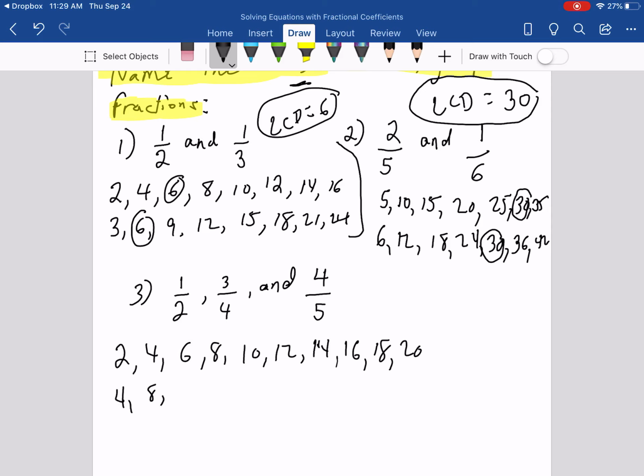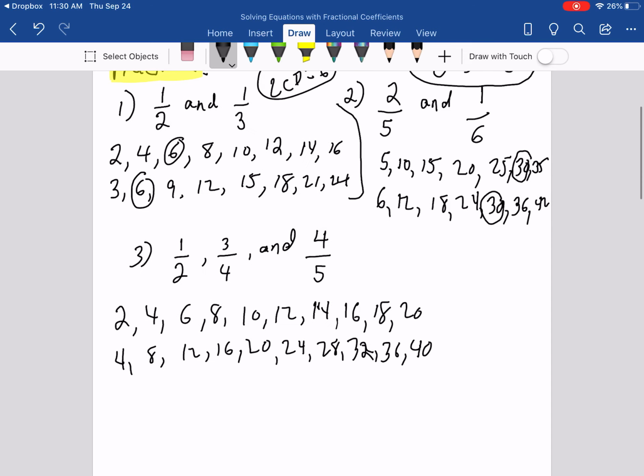Multiples of 4: 4, 8, 12, 16, 20, 24, 28, 32, 36, 40. Okay. And then multiples of 5, we already have listed, but let's rewrite it again: 5, 10, 15, 20, 25, 30, 35, 40.